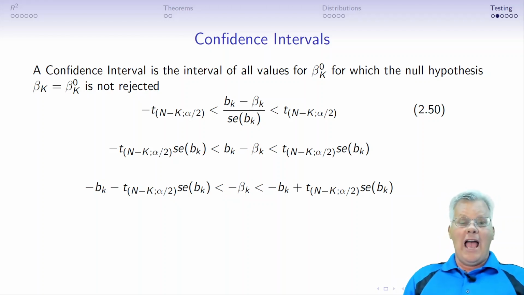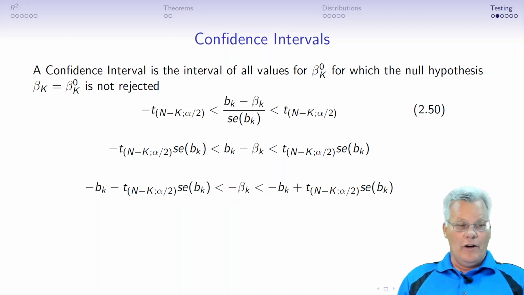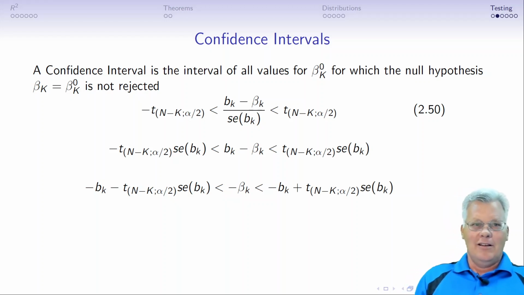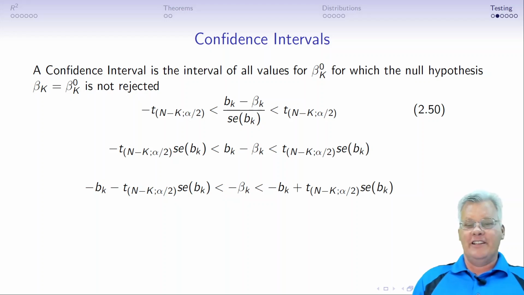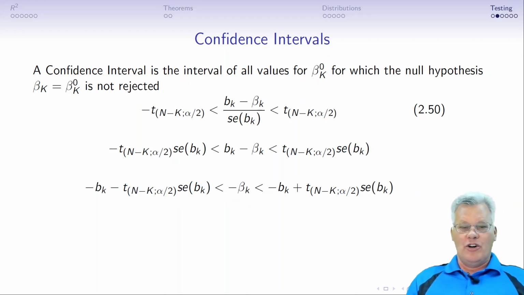So what I can say then is if I take my estimated value of the kth OLS slope, b sub k, and subtract t times the standard error, that's the lower bound of the confidence interval.